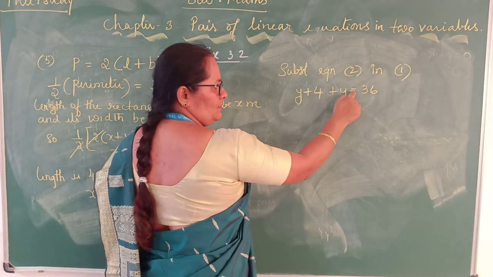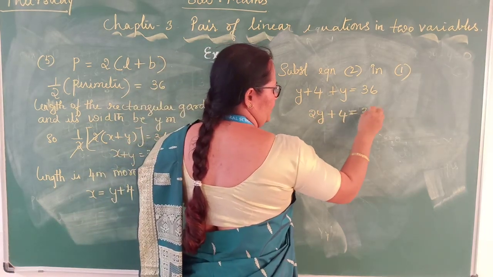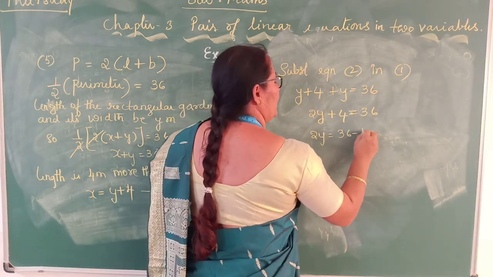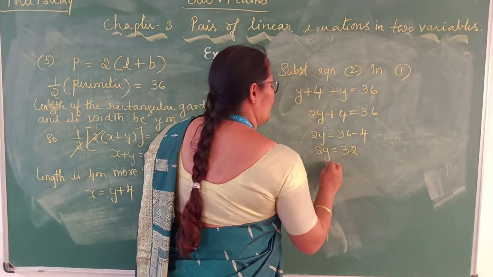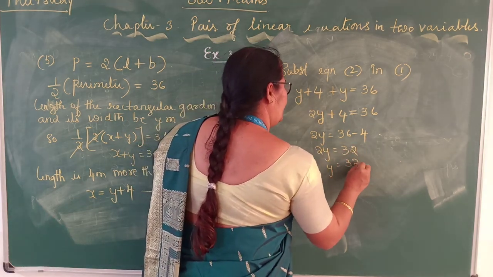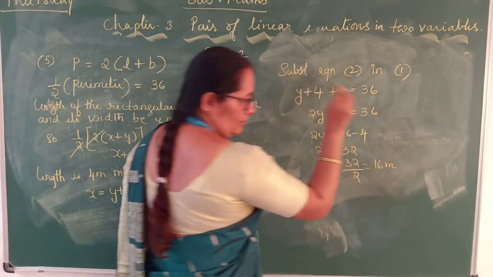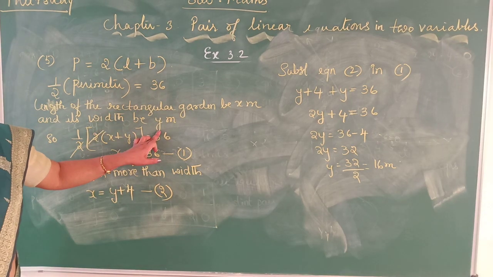So y plus y is 2y plus 4 equals 36. So 2y equals 36 minus 4, which is 32. So y equals 32 by 2, which is 16. It means that the width is 16 meter.